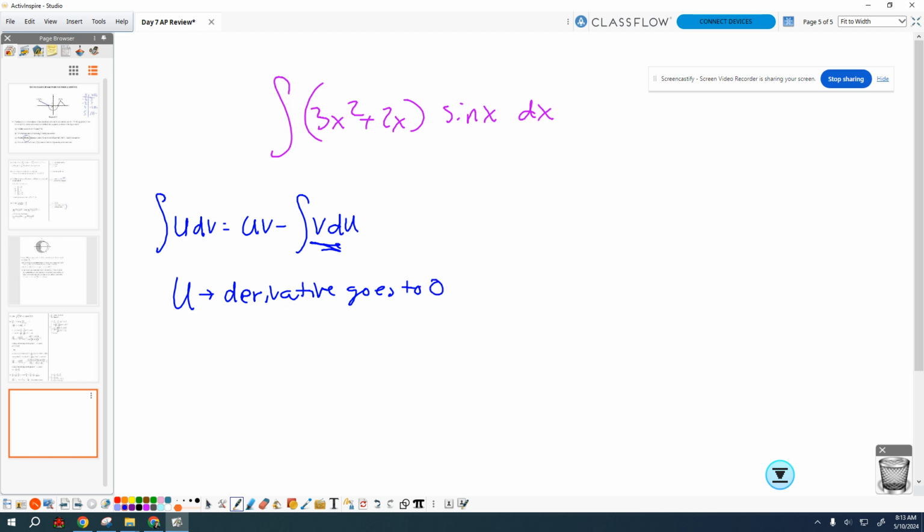That's when tabular works. And if it doesn't go to 0, if you have log, choose that first, then inverse trig, then polynomials, then E, then trig. The DV is something that's easy to integrate, also known as the leftovers.